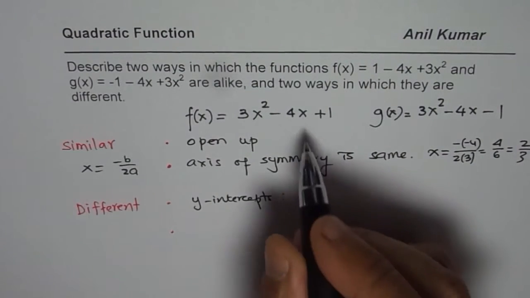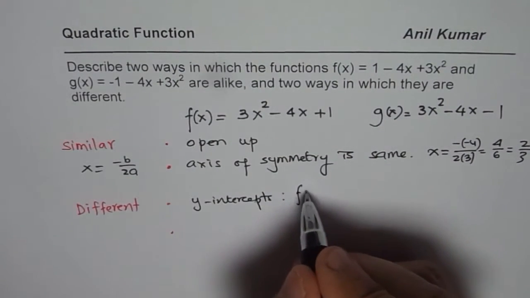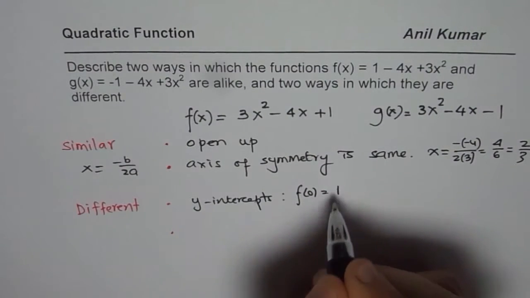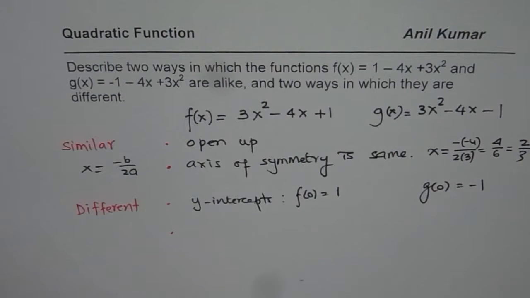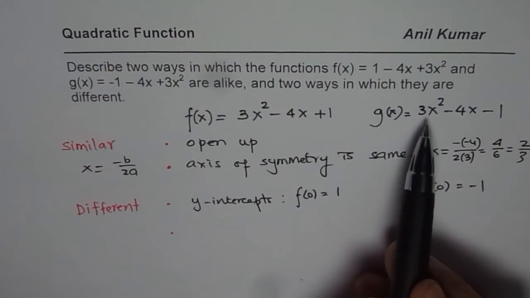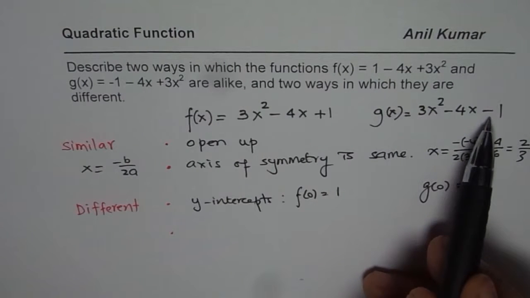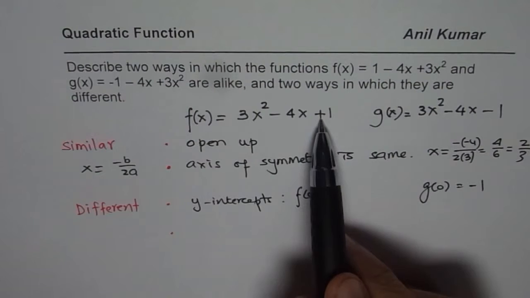So what are the y-intercepts? Here, f of 0 is plus 1. In this case, g of 0 equals minus 1. So that is the difference in their y-intercept. Well, since this function is translated 2 units down as compared to the previous one, right?